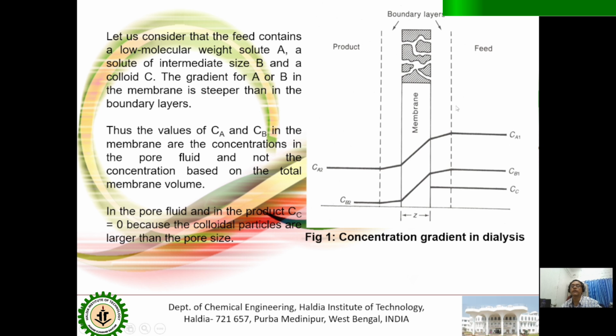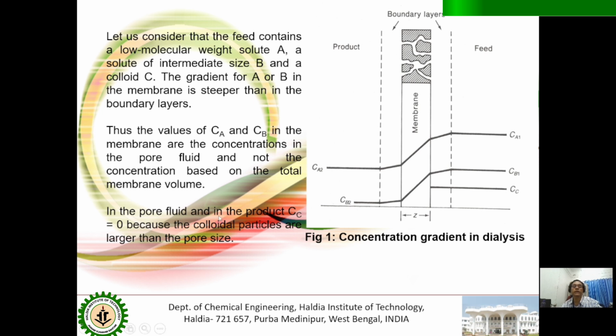The solutes may be deposited on the membrane side, and they form a resistance against the flow. So that is the boundary layer. So the concentration gradient will be there, and after that the solute will pass through the membrane, permeate through it, and ultimately we will get the product.